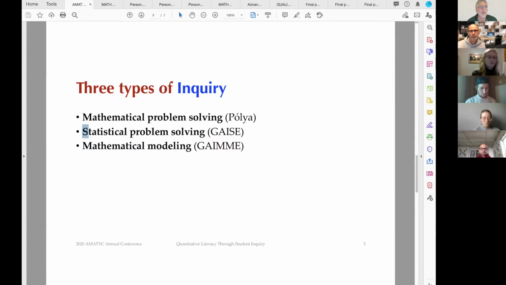But then we move on and have them carry out a statistical study where they have to really come up with their own questions, state the questions in a statistical way, collect data, analyze the data, and report their findings. And they also have to do mathematical modeling where, again, they have to come up with their own questions and come up with a plan for carrying that out.